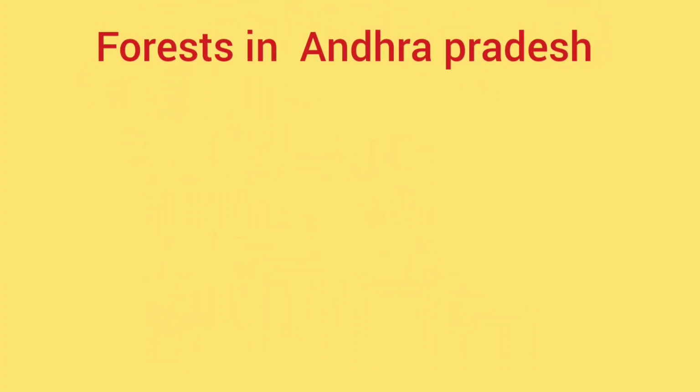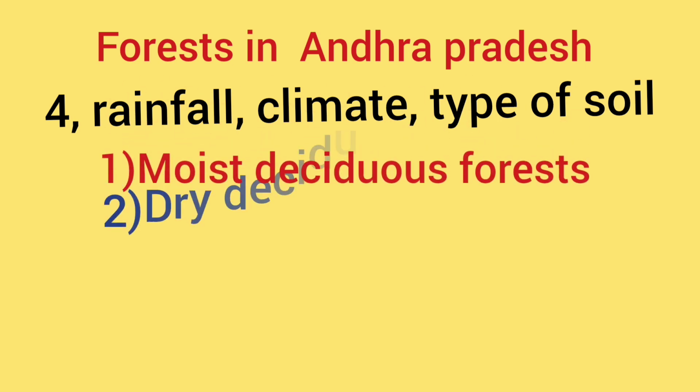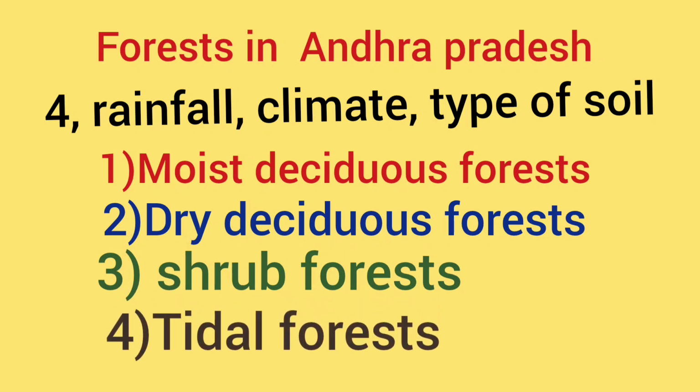Forests in Andhra Pradesh are mainly divided into four types based on rainfall, climate, and types of soils: moist deciduous forests, dry deciduous forests, shrub forests or thorn forests, and tidal forests.